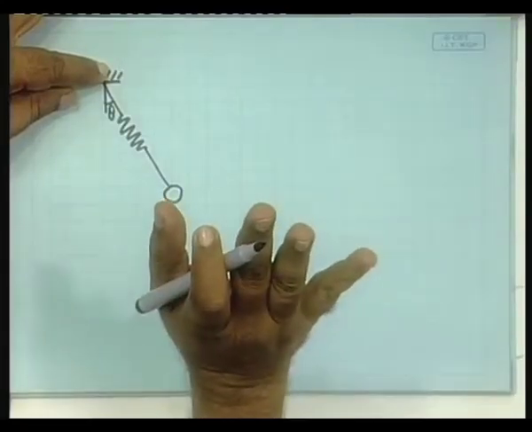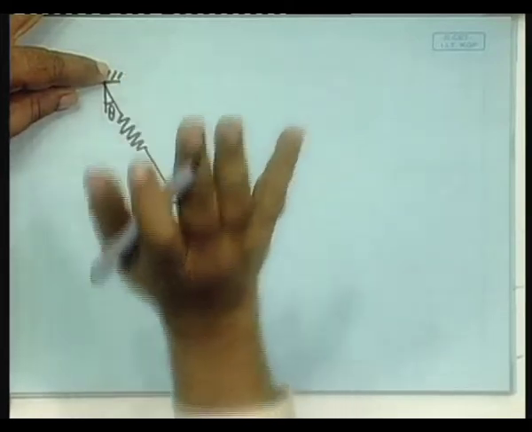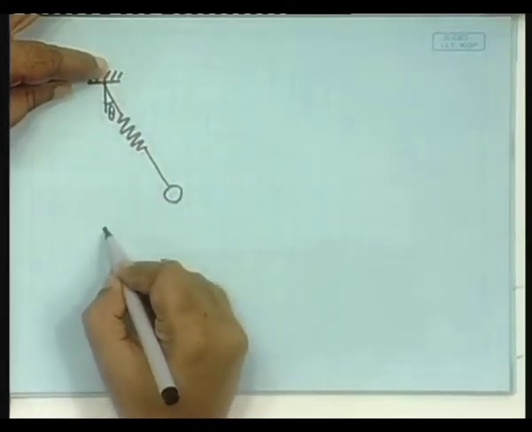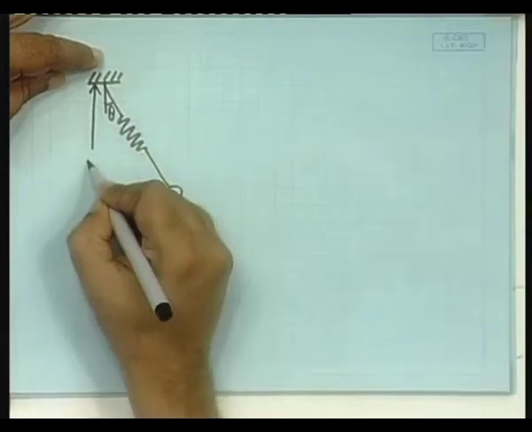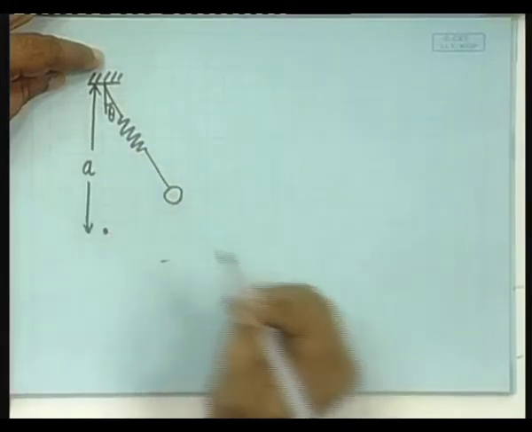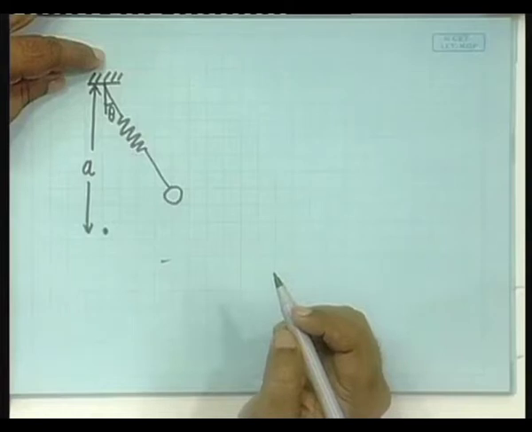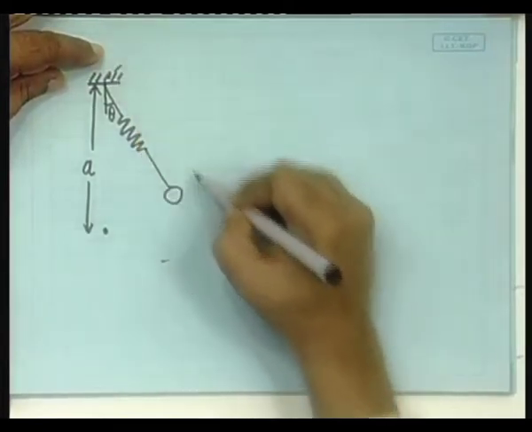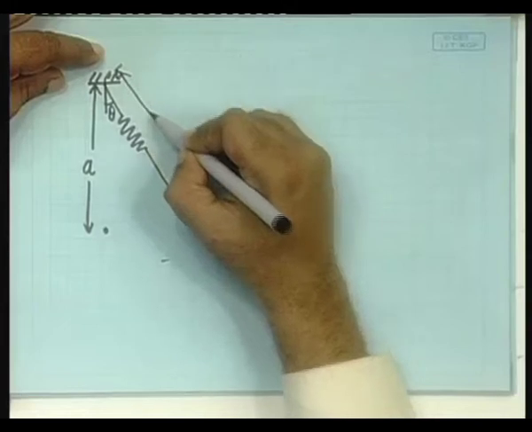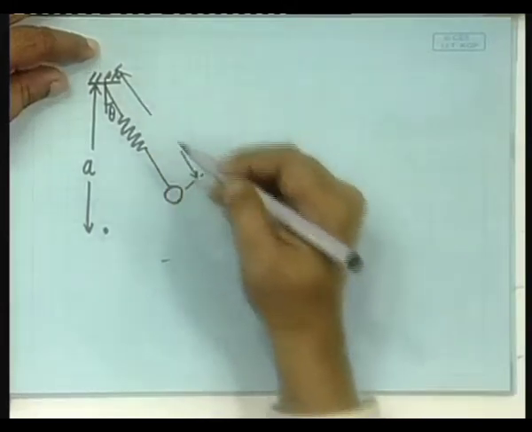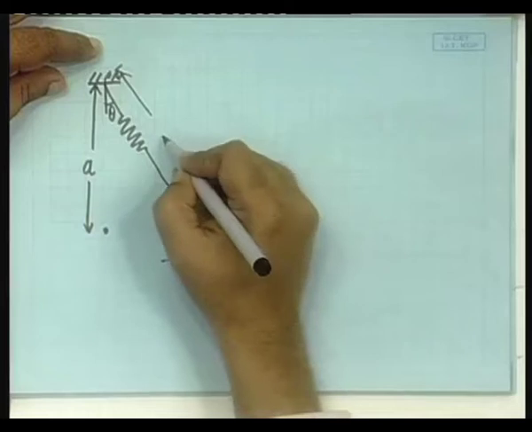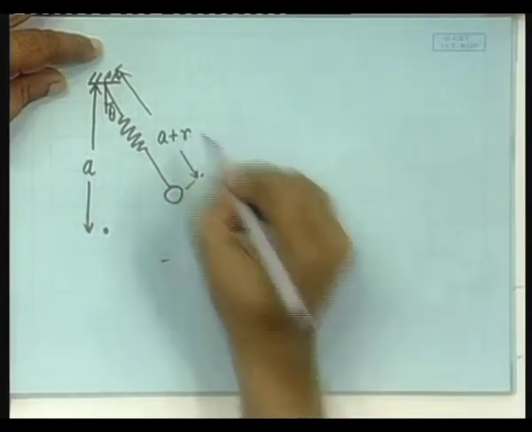So in order to do that, let us do it that way. What did we say? We said that when it freely hangs vertically, then your position is the datum position. And in that position, suppose this distance is say a. And then this distance is the deviation from there. So the distance is a plus the coordinate that we are talking about, r.